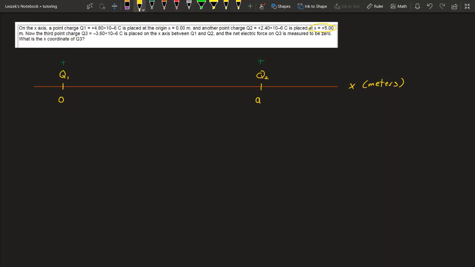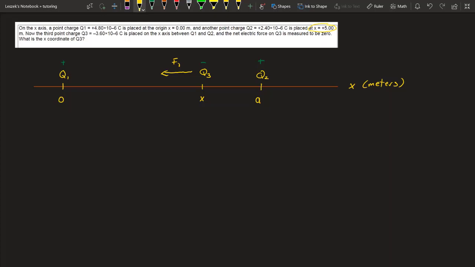And then we're going to place charge 3 somewhere in an unknown location x between charge 1 and 2. This charge is negative. So we see that charge 3 will be attracted to charge 1. It's to the left.